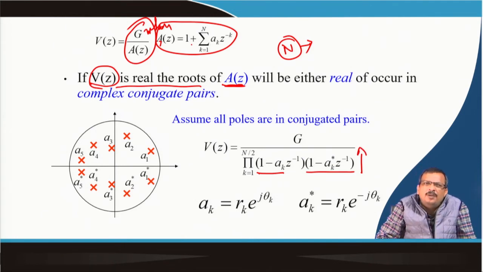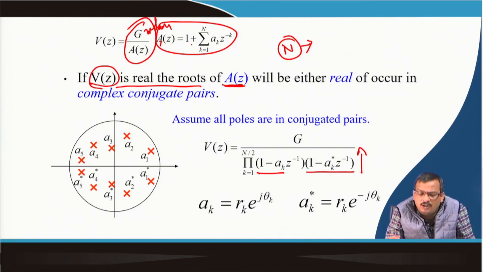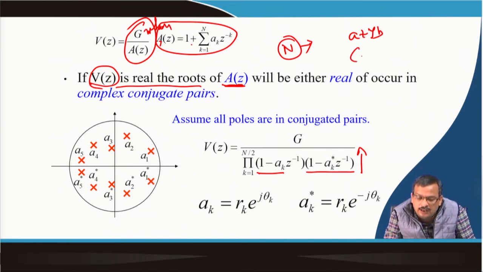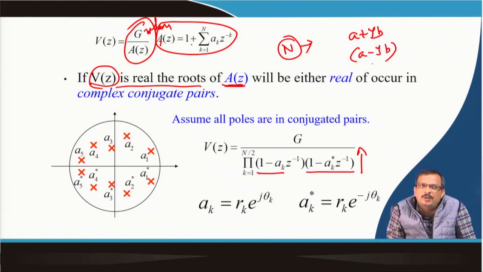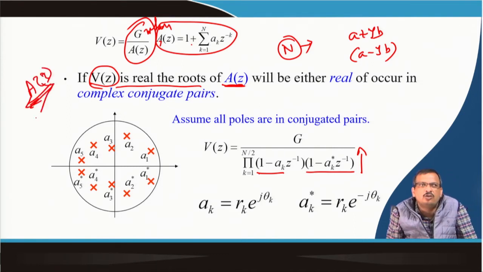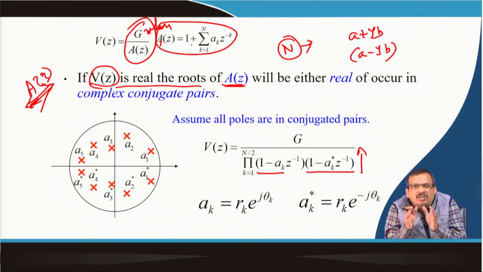What do you mean by a complex conjugate pair? Suppose one pole is a plus jb, then its conjugate will be a minus jb. Then only the multiplication becomes real. So, I can say A(z) is a real function, not an imaginary function. Then I can say A(z) consists of N by 2 complex conjugate pairs of poles.